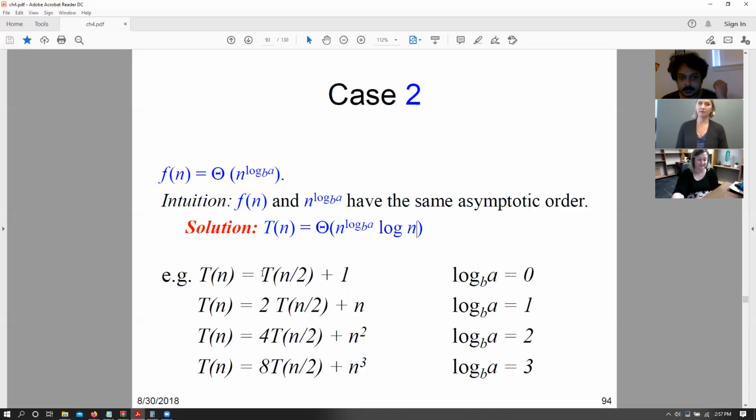Now, in this case, a is going to be 1, b is going to be 2, log base b a is going to be 0, n raised to the power of 0 is 1. So case 2 applies, and in this case, the time complexity is n raised to the power of 0 log of n.